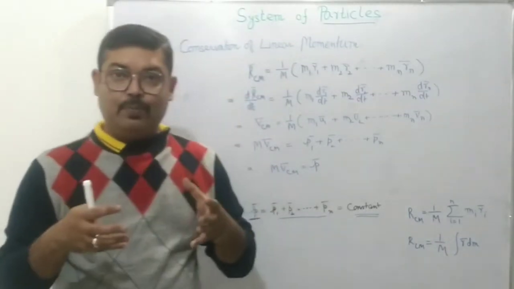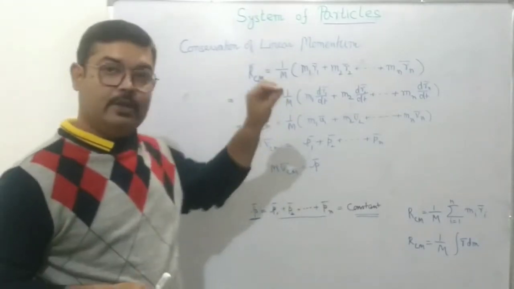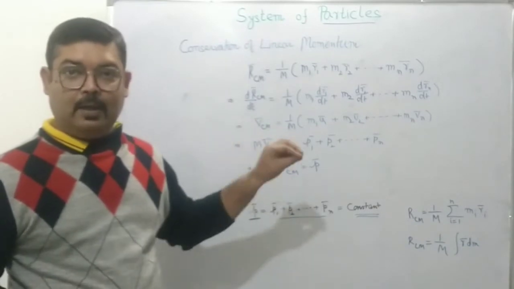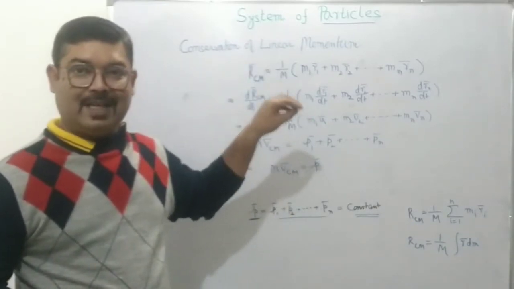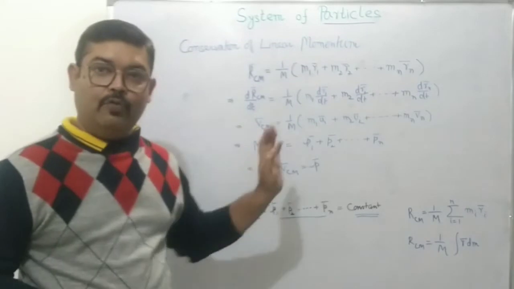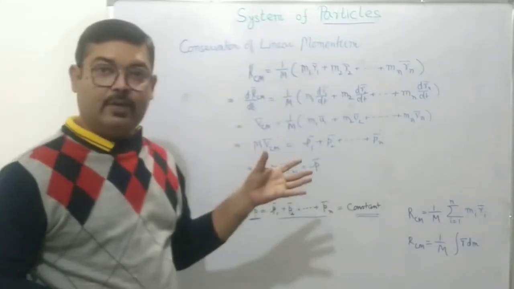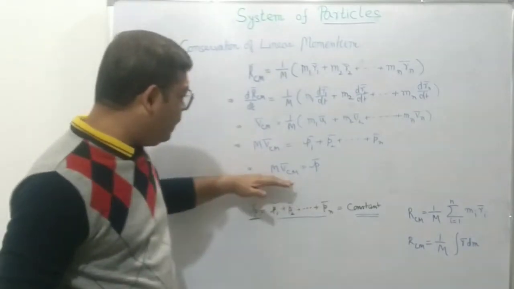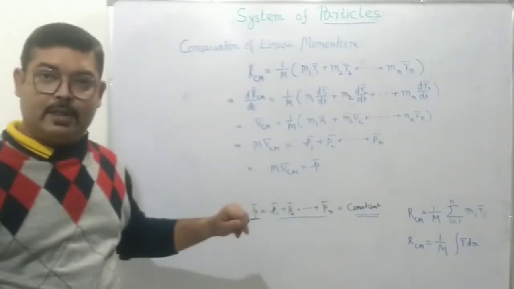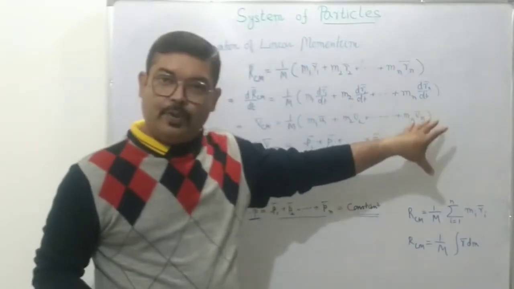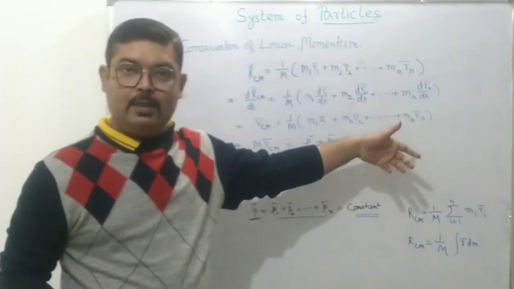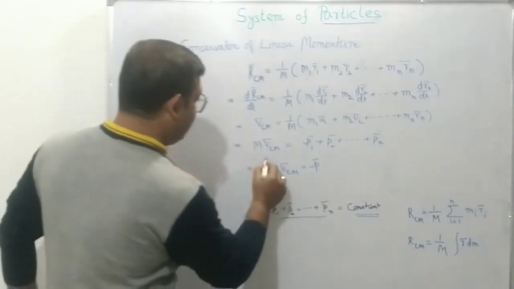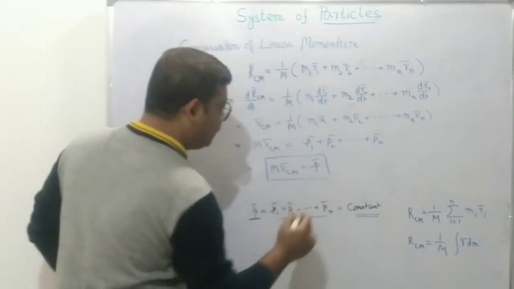Center of mass is that position in space where, if the entire mass is concentrated, the point mass at that position will move the same way as the entire system of particles would move under the influence of the same external force. So it is quite expected that if there is no external force, the net momentum of the system of particles must be the same as the net momentum of the center of mass of the system of particles.